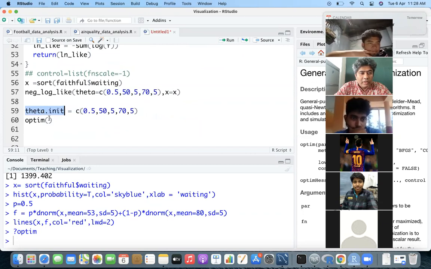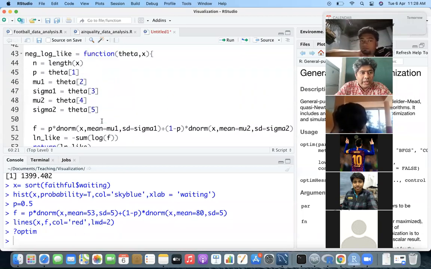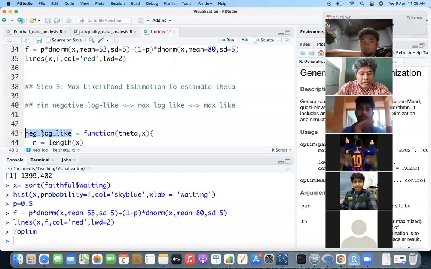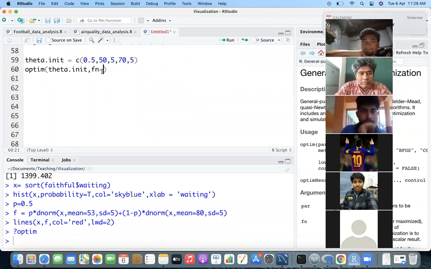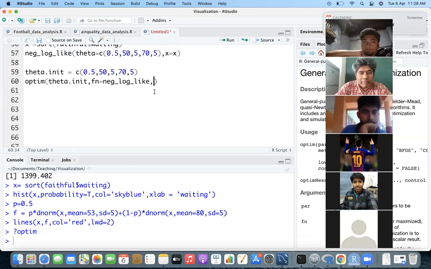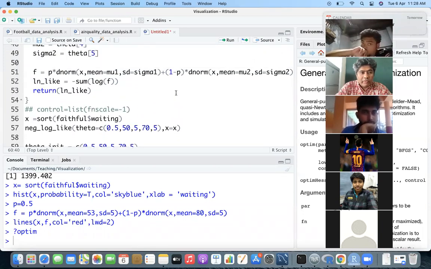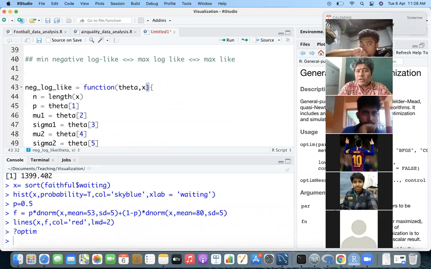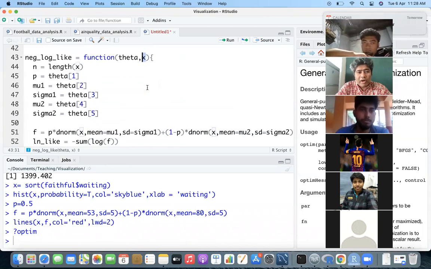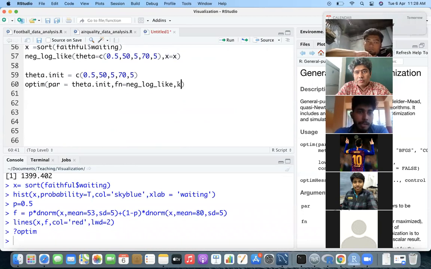And then function fn stands for the objective function, equal to, I have to give the negative log likelihood, and this is the parameter, and then you give whatever the known part is after this. Okay.